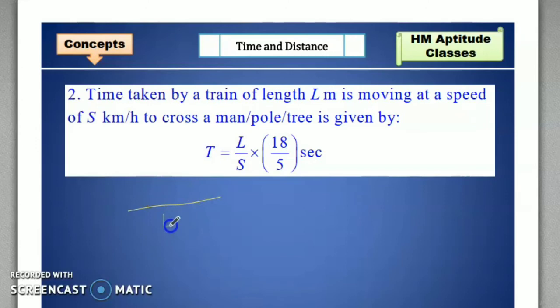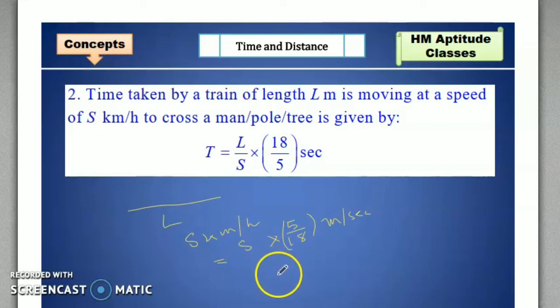That speed is s into 5 by 18 meter per second. So this is the speed, and the train's length is L.